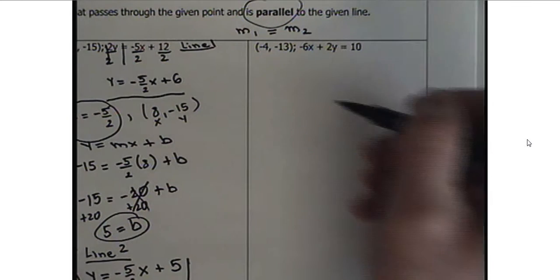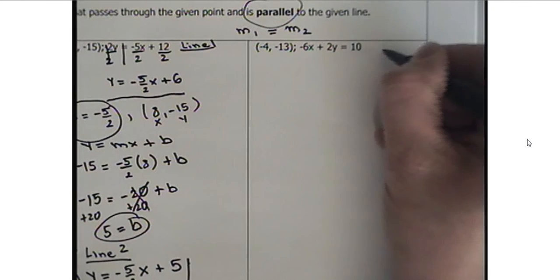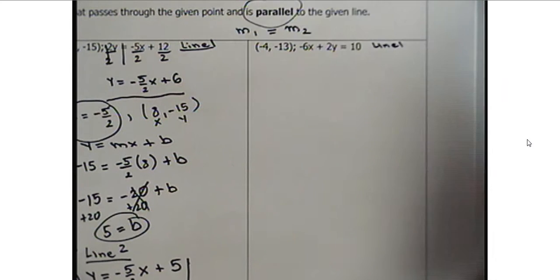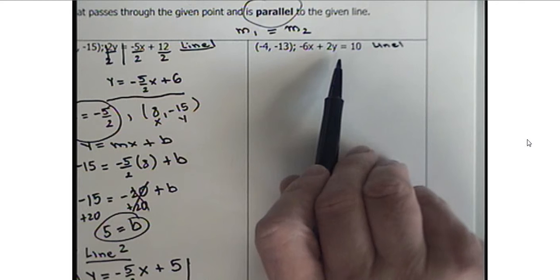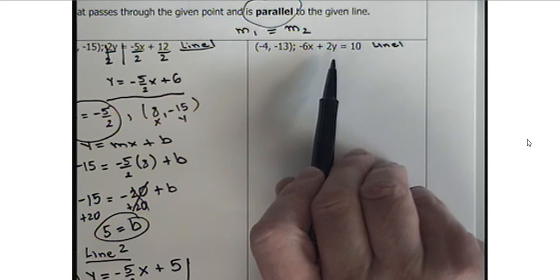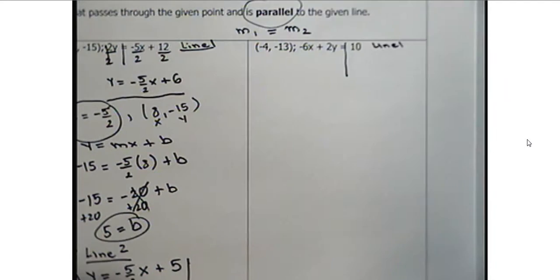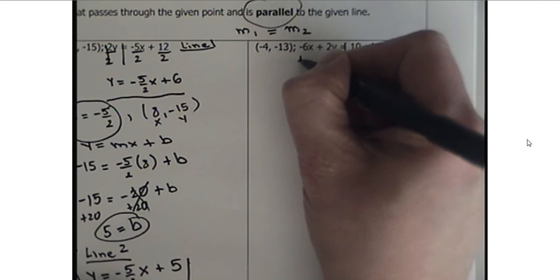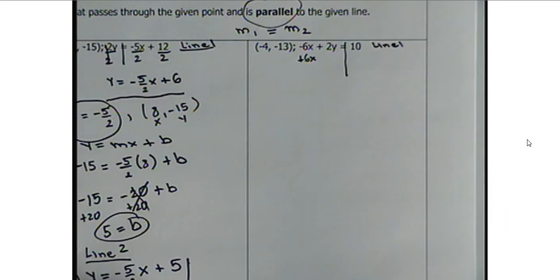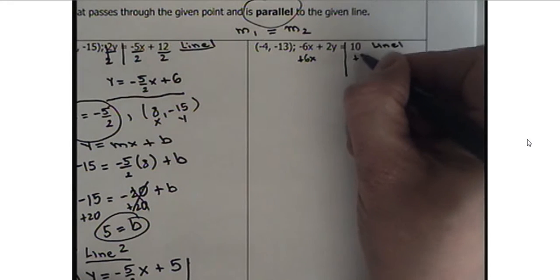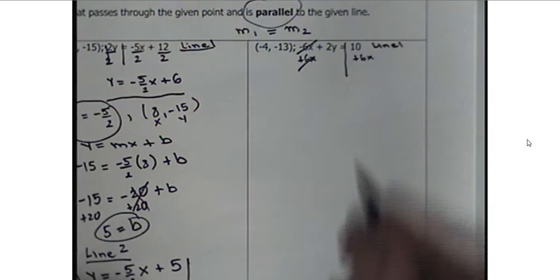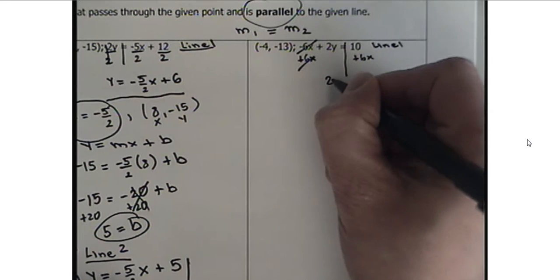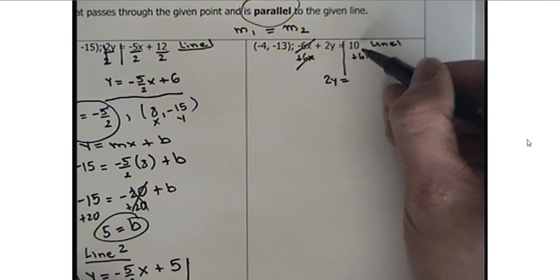Okay, number 3. This equation again is the equation of line 1. Well, obviously negative 6x plus 2y equals 10 is not what y equals mx plus b form looks like. So we gotta solve the equation for y first. I will move the x term as step 1 to the right side. So plus 6x on each side. Negative 6x plus 6x cancel. We have 2y is equal to 10 plus 6x.